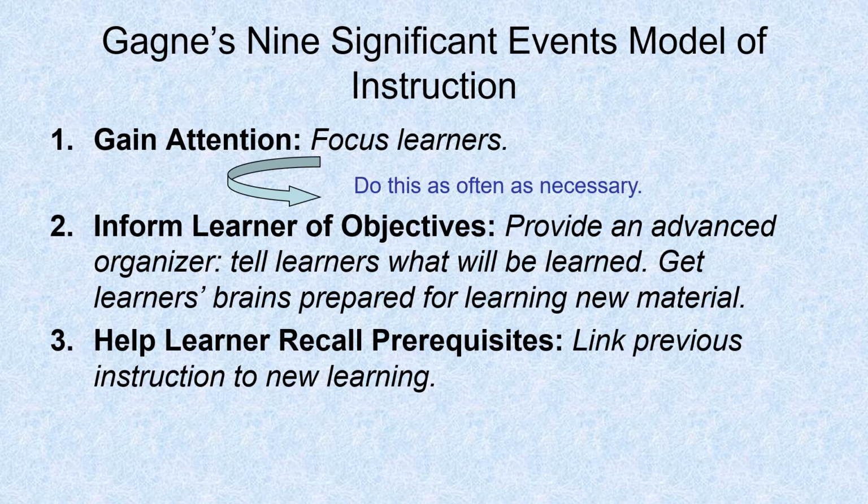The third step in instruction is to help the learner recall prerequisite information. In other words, when we look at learning from a constructivist point of view, learners will build their understanding of the content, and they'll build it on what they already know.